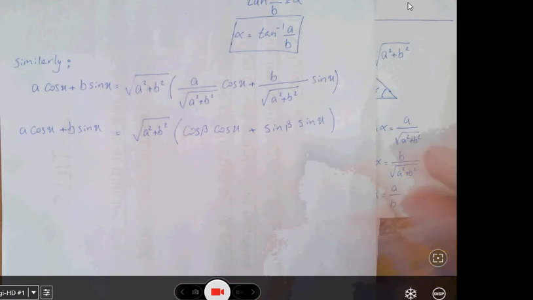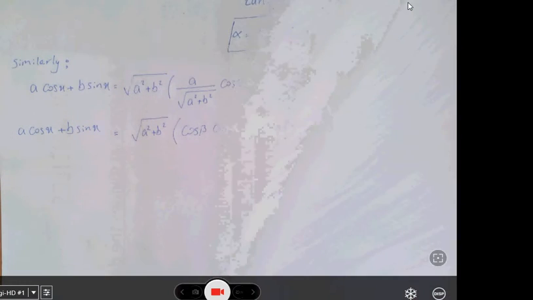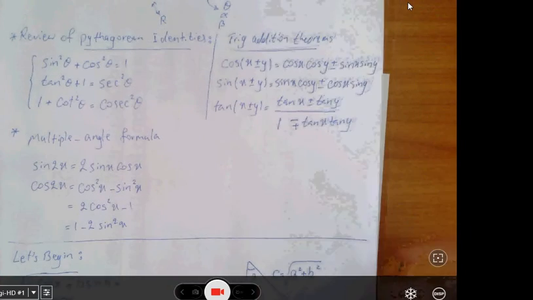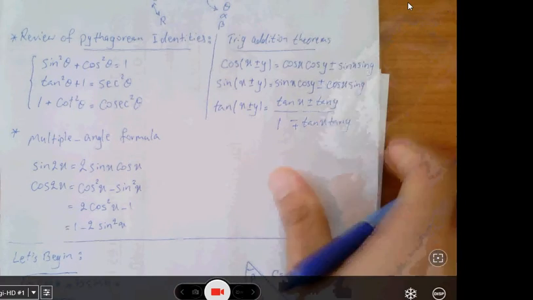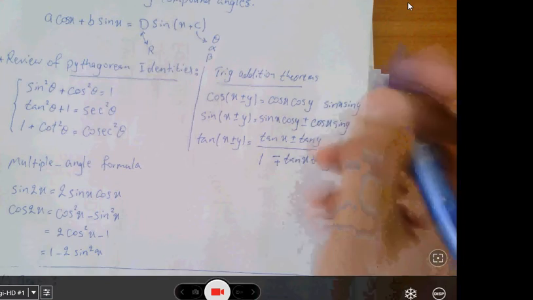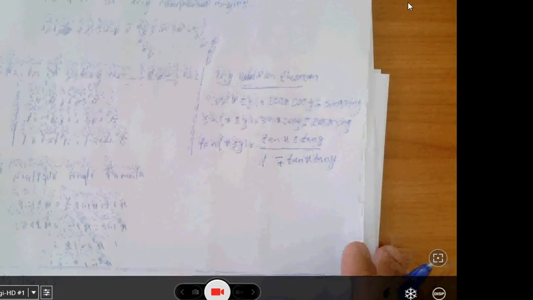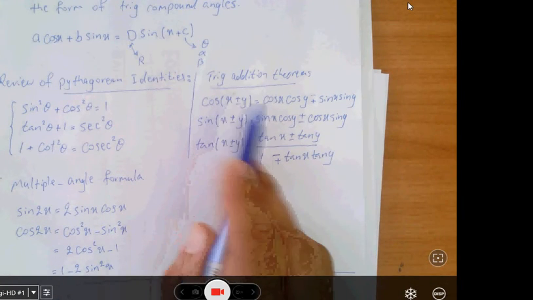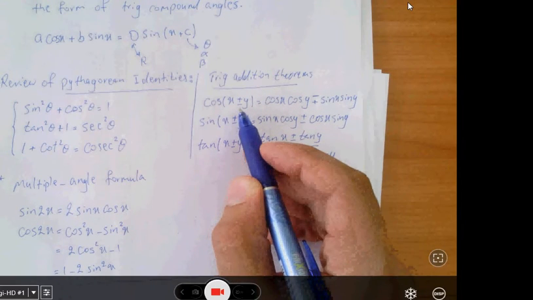And when I go over here, I think I found our mistake. I messed up the cos. Yes, I messed up the cos, thank you. So over here, it needs to be changed. Everyone go back to your trig addition theorem. Minus and plus. Yes? It's the one that you wrote in the beginning of the lesson. This is where I messed up, right? Look. That's the cos I messed up, not the sine. So the sine was fine.